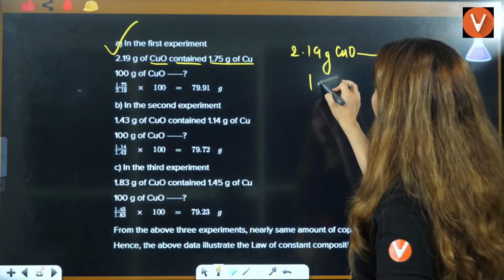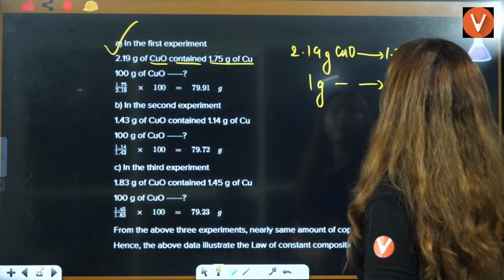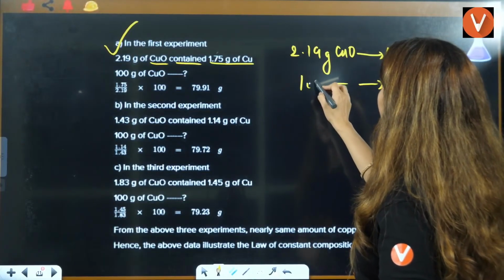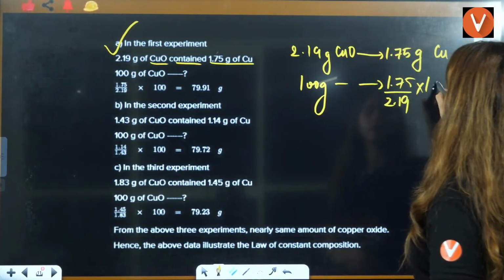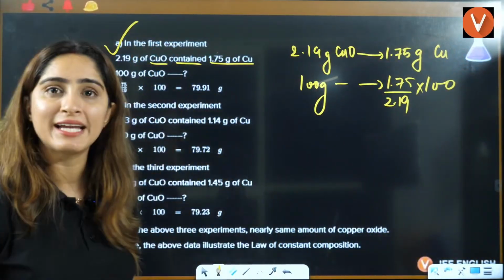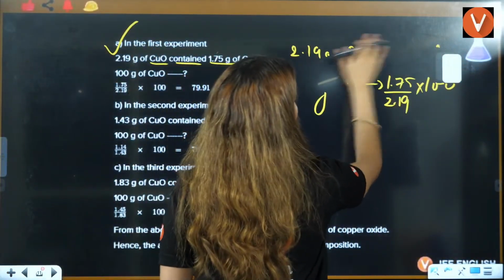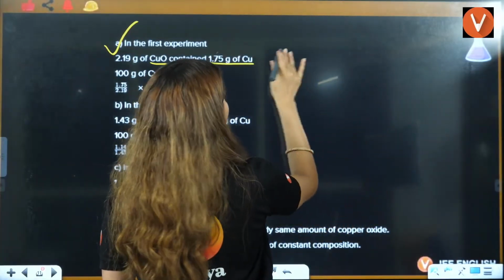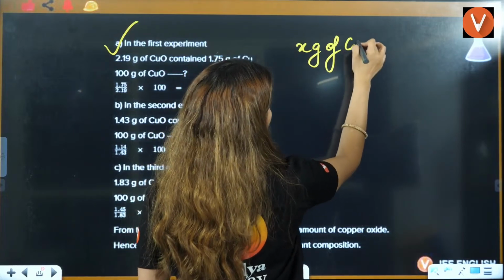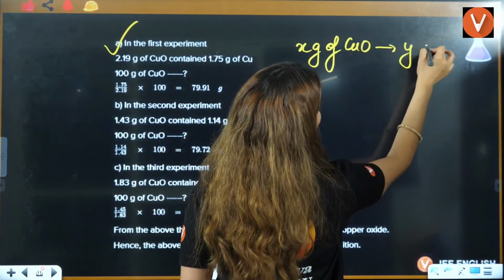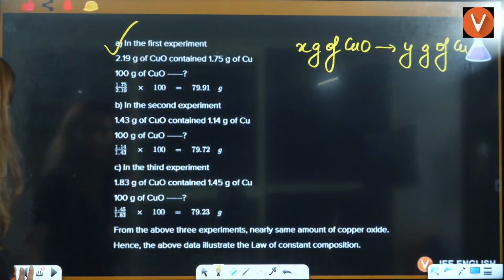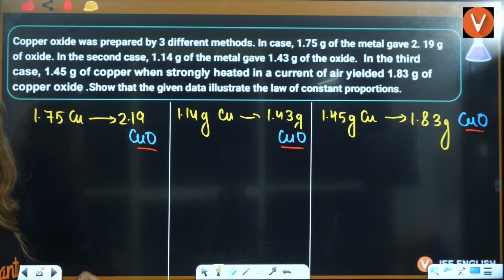So I am saying 1 gram of this will give you 1.75 divided by 2.19, and 100 gram will give you that multiplied by 100. So always, I'm just giving you this formula directly. Let's say x gram of copper oxide is giving you y gram of copper, because we have the relation of copper and copper oxide, right?